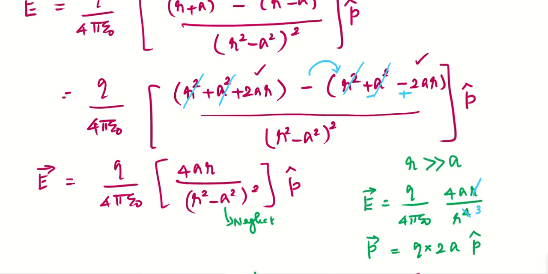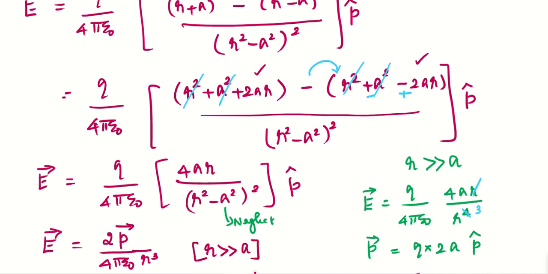We can write the electric field as 2 times p vector divided by 4 pi epsilon naught r cubed. This is when r is far greater than a. That's all. Thank you.